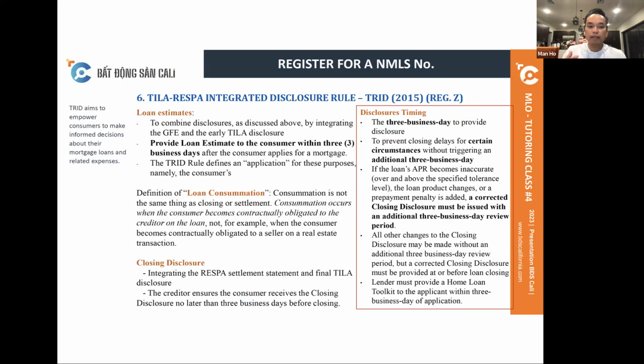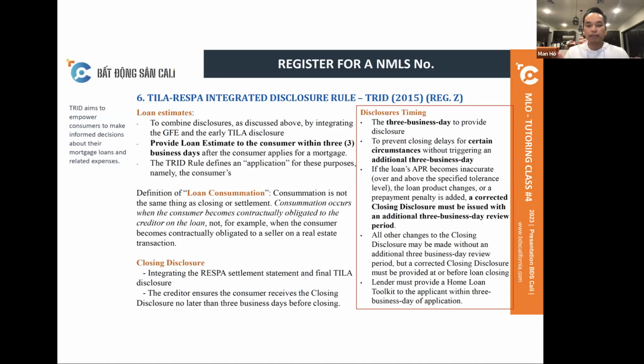Consummating a loan is not the same as closing or settlement. Consummation only occurs when the consumer becomes contractually obligated to the creditor on the loan, not, for example, when the consumer becomes contractually obligated to a seller on a real estate transaction.